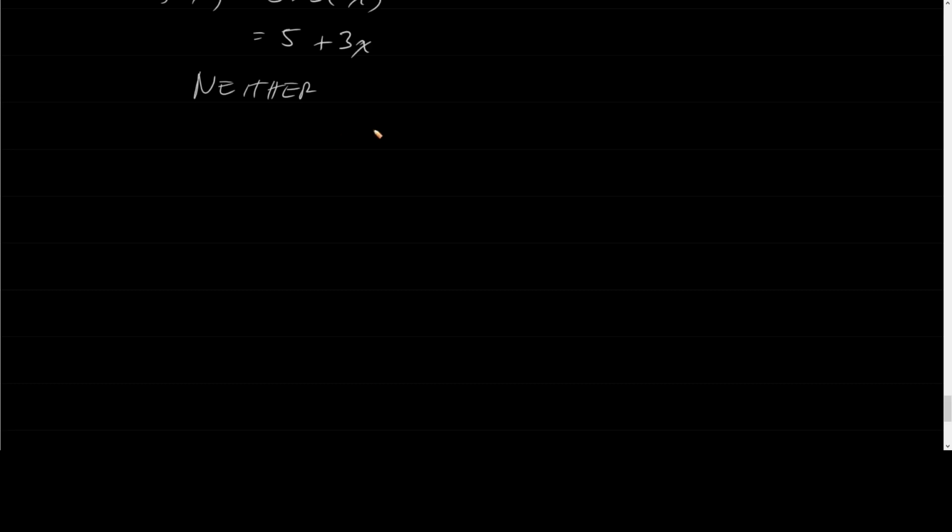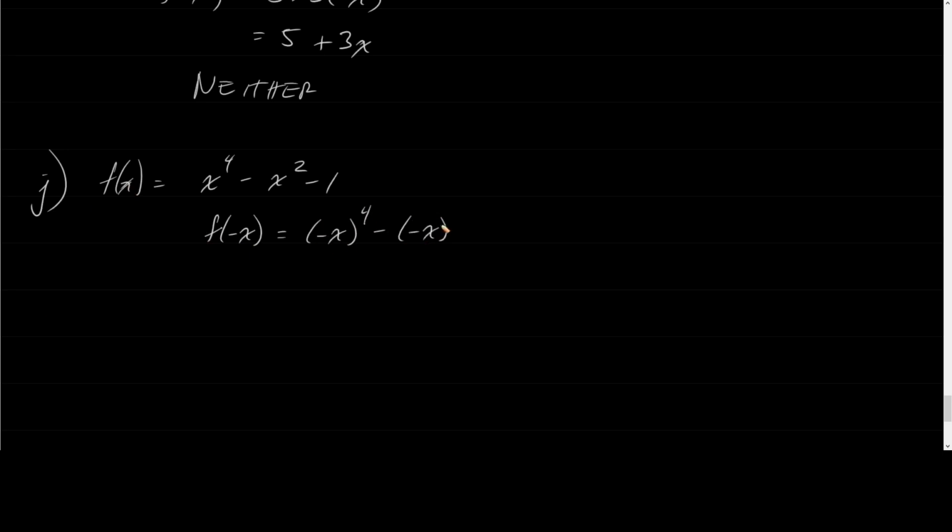Next one. Let's say that I had f of x is equal to x to the fourth minus x squared minus 1. We're going to start off by figuring out what f of negative x is doing. So f of negative x would be negative x to the fourth minus negative x to the second minus 1.